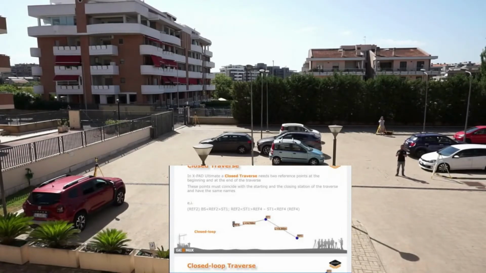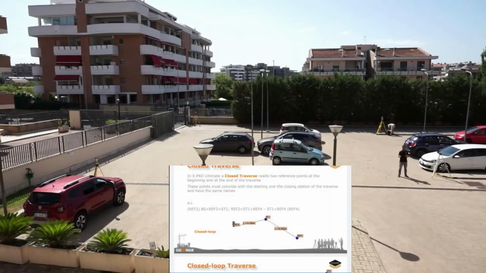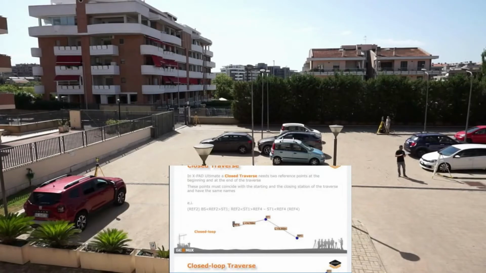From the ST1, we can refer to F2, so we can look forward. We can refer to station number 2, and we measure the next station, which is the REF4. And from the REF4, which is referenced to ST1, we must also have a reference point. So on the closing point, as on the starting point, we must have two reference points.